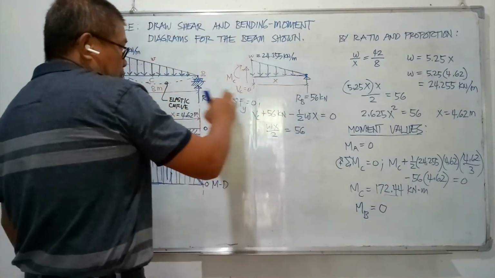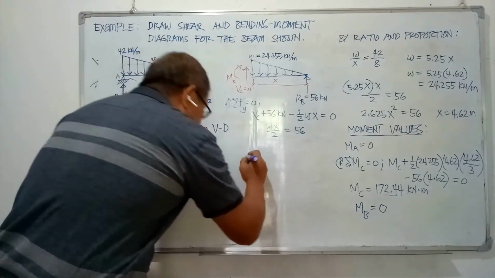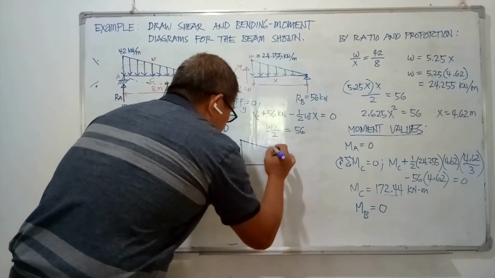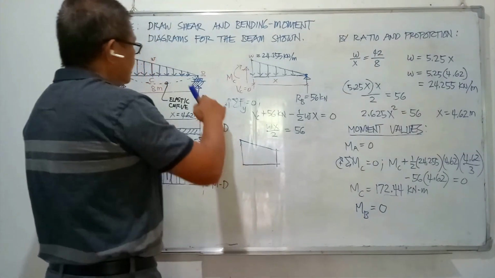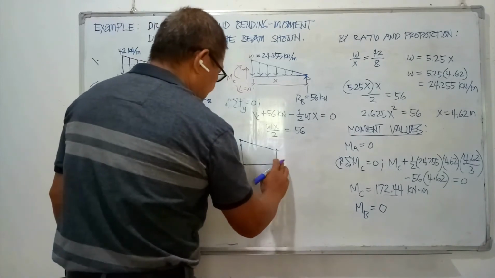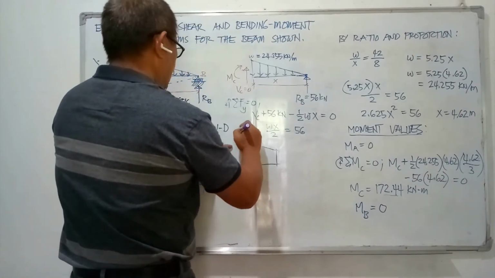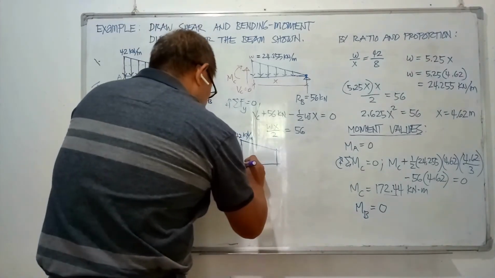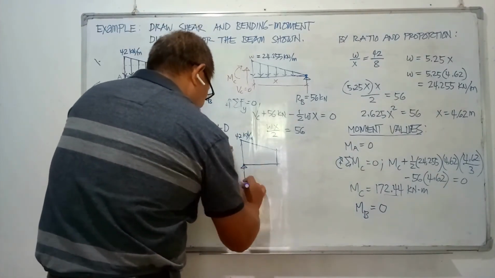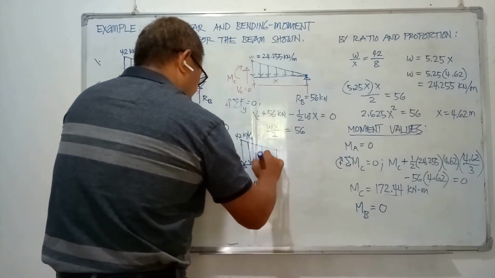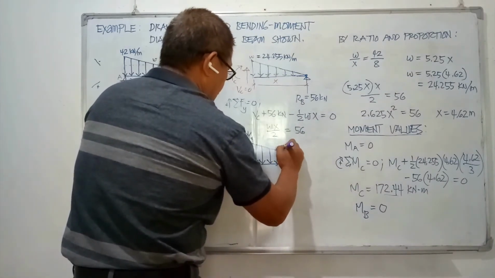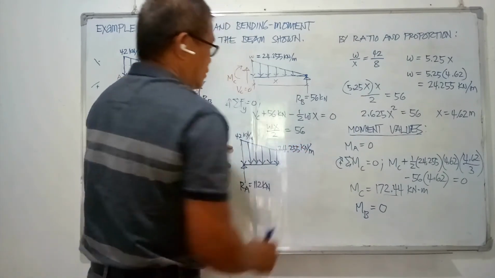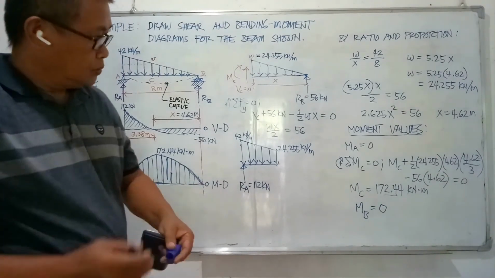So using the right segment from A to C, the loading is trapezoidal with W at point C. Then we have 42 kilonewton meters at point A. We have the reaction here. W is 24.255 kilonewtons per meter.